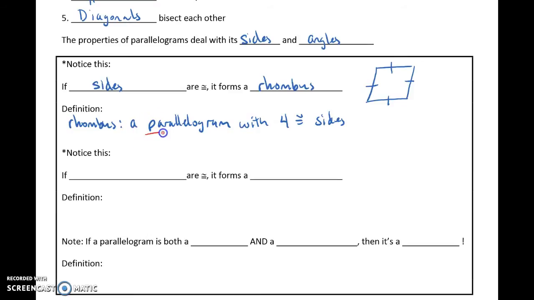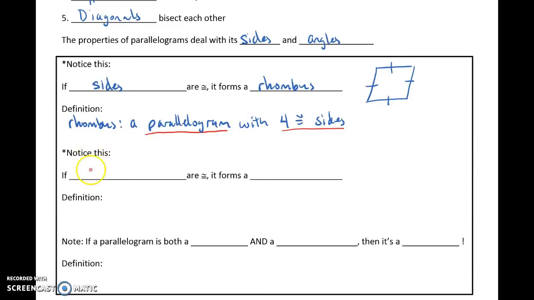You need to know, number 1, it's a parallelogram, and number 2, it has 4 congruent sides. How do you know if it's a parallelogram? Go back to those conditions. So those other pairs of things you had to know, like both pairs of opposite sides are congruent, both pairs of opposite sides are parallel, etc. But in order to define a rhombus, we need to know it's a parallelogram with 4 congruent sides. Okay? Cool.